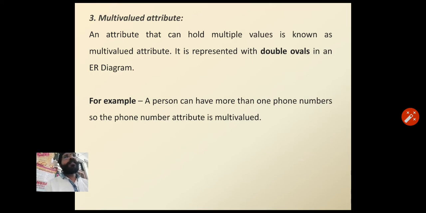An attribute that can hold multiple values is known as a multi-valued attribute. It is represented by a double oval symbol in an ER diagram. For example, a person has more than one mobile number or more than one phone number. So, phone number is a multi-valued attribute, or mobile number is also a multi-valued attribute. That means any attribute having multiple values.